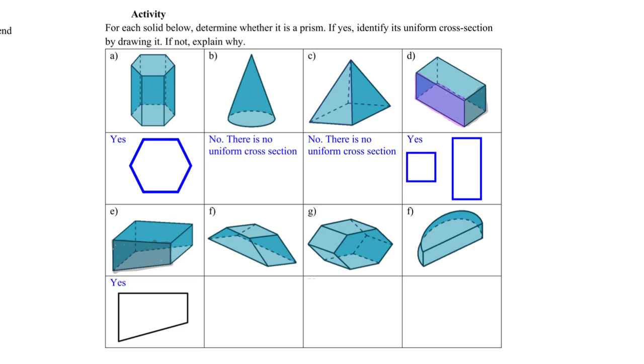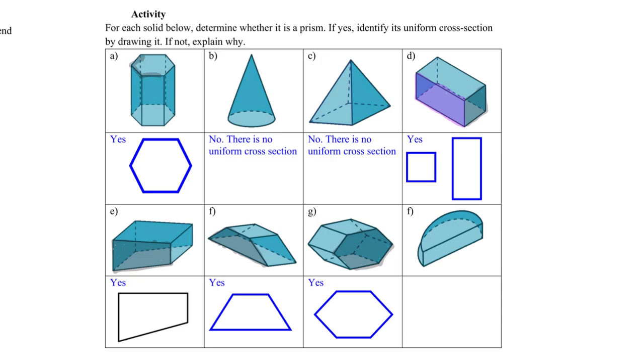Part F, yes, it is a trapezium. G, yes, it is another kind of hexagonal prism.